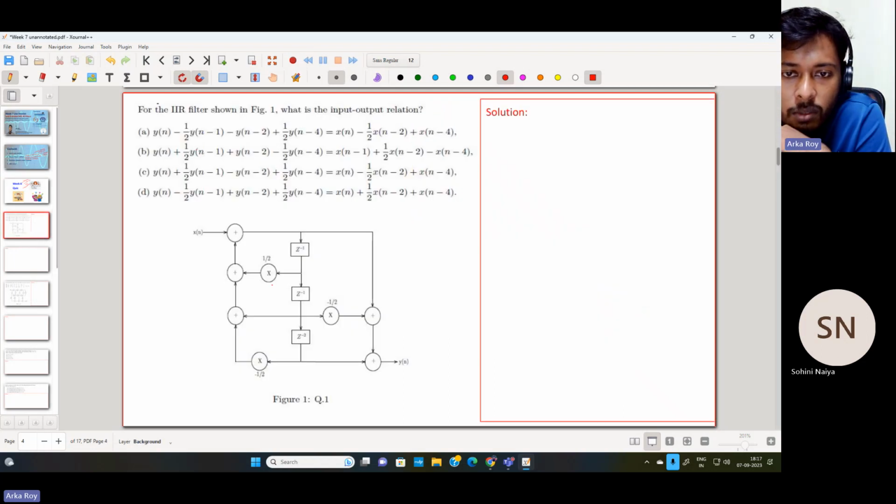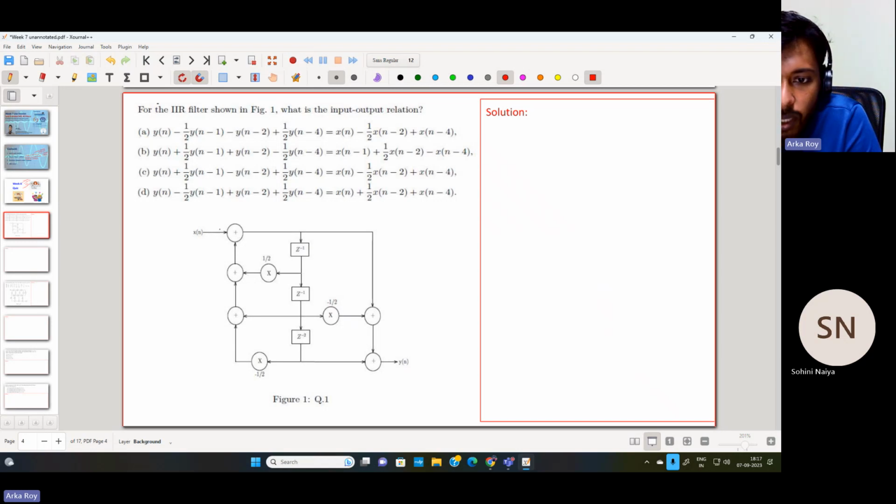This is the first question. In this question, we have been given a system where x[n] is the input signal and y[n] is the output signal. This is an IIR filter.